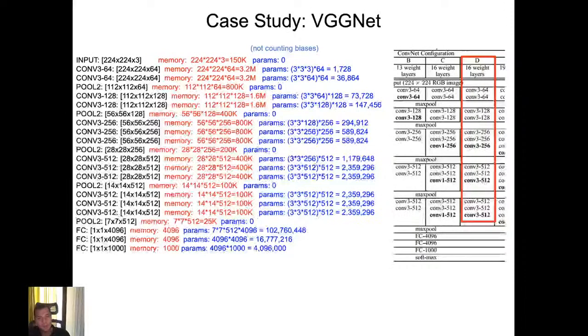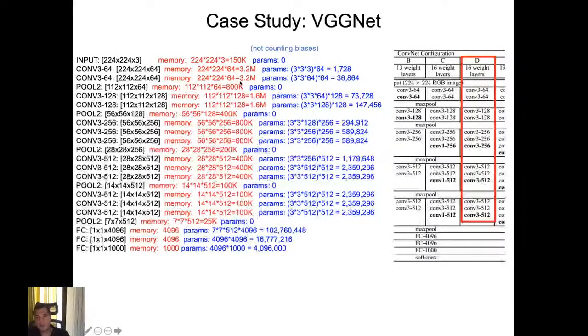One interesting idea here is to think about the memory usage of this network, and also the number of parameters. So the memory is more about the activation maps that result after every layer.